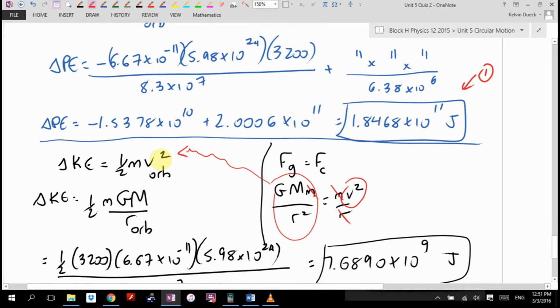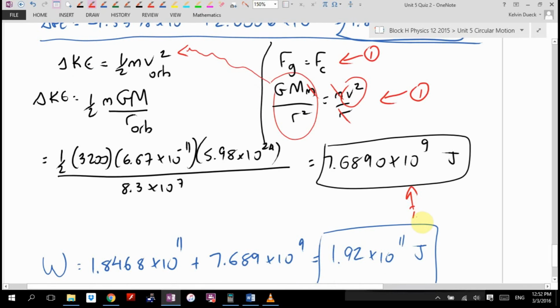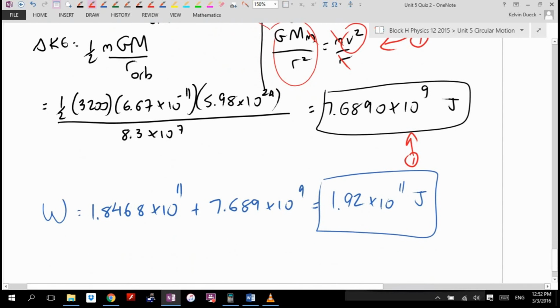I would give you 1 mark if I saw that. I would give you 1 mark if I saw that. That's 4.5 out of 7. I would give you 1 mark for that. That's 5.5 out of 7. I would give you 1 mark for that. That's 6.5 out of 7. And I'd give you a half mark for cluing in that you had to. I'd do something like that.